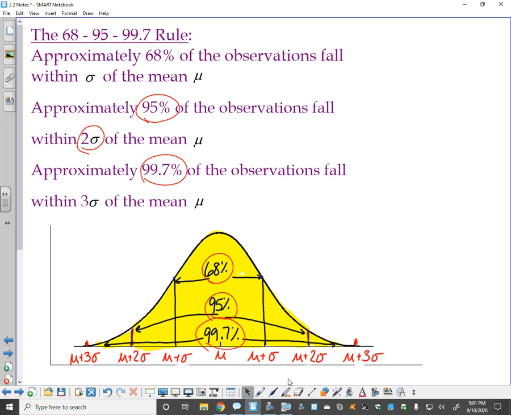I did a problem one time about the weights of rats in New York City. And the professor said, you know, there are legends of how big the rats are in the subway system in New York City. And one of them has been said to look at least 10 pounds. Well, 10 pounds would be way outside 3 standard deviations of the mean of all the weights of all the rats in New York City.